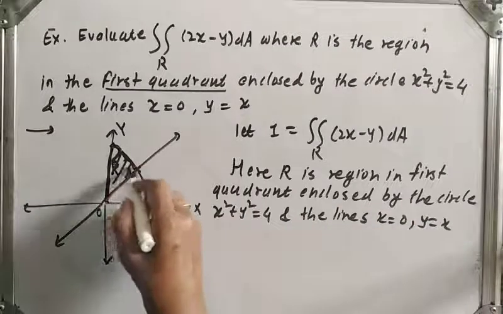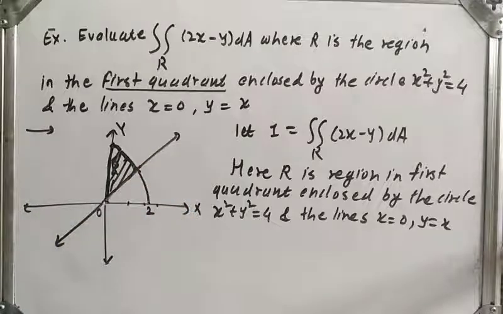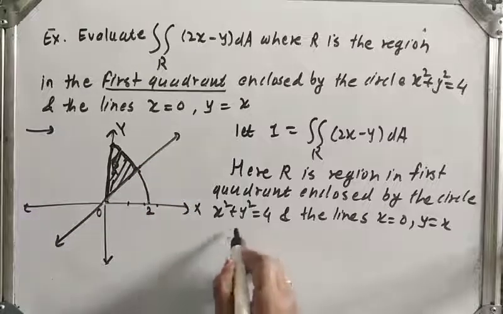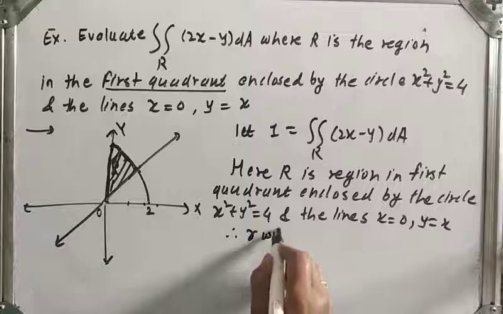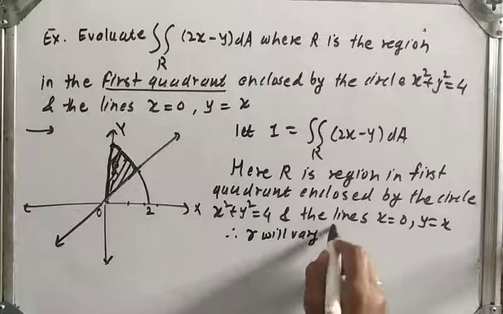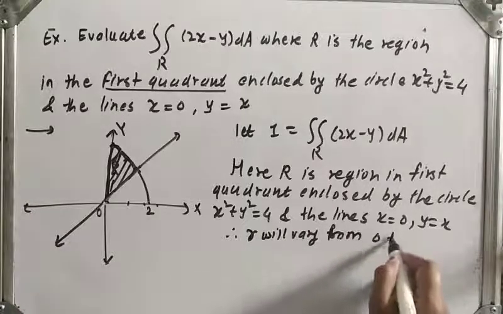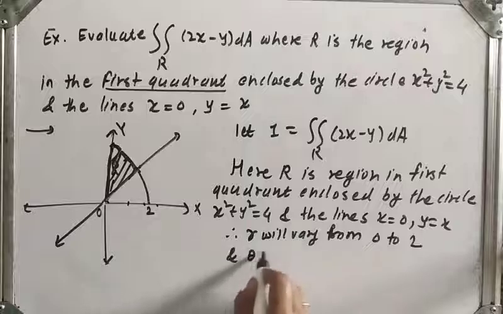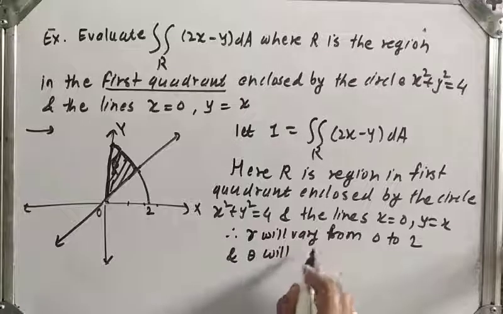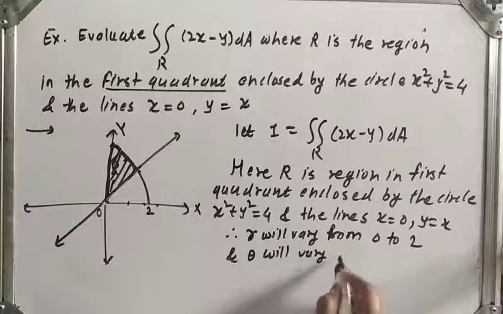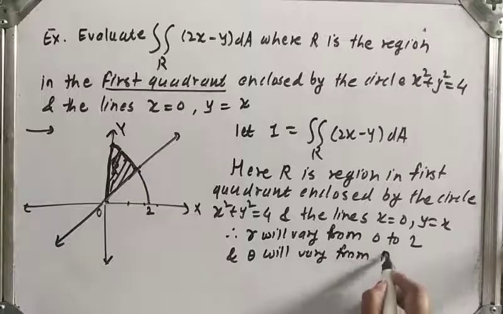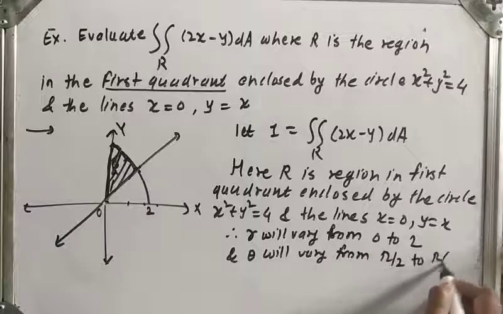This is the region. Therefore r will vary from 0 to 2 and theta will vary from pi by 2 to pi by 4.